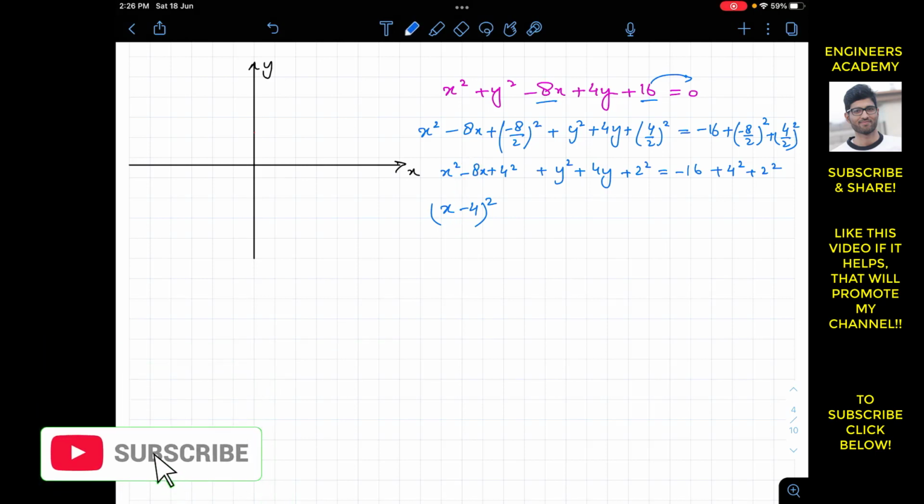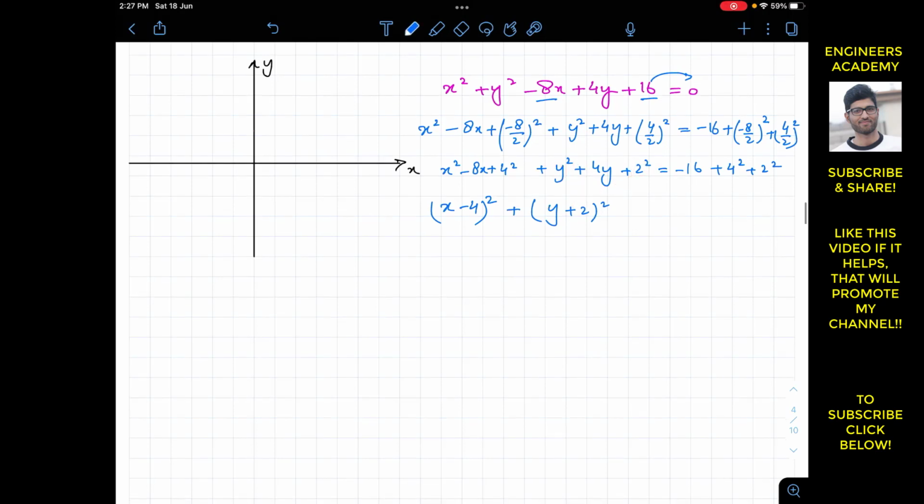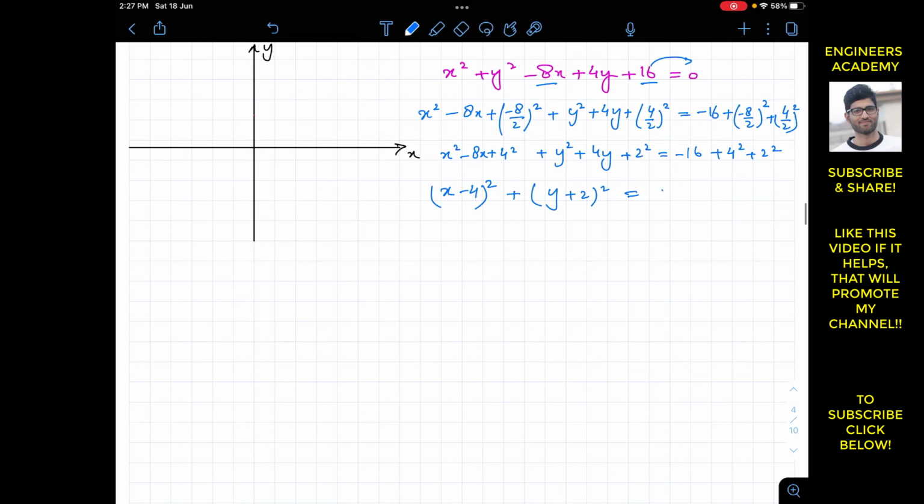And similarly this is y plus 2 square, since we have this y and this 2 and plus sign. This is equal to minus 16 plus 16, so this will become 0, and this is 2 square.